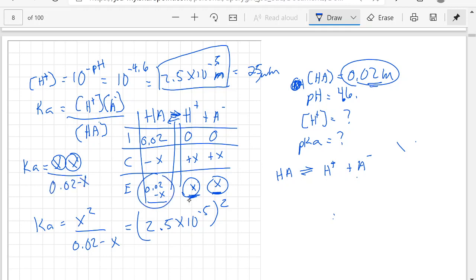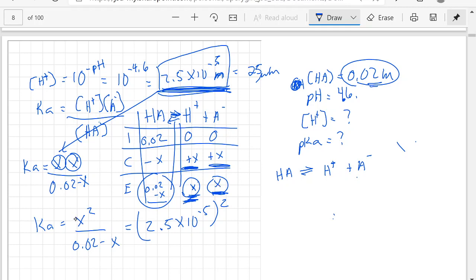So what is this H plus? We calculated this H plus as 2.5 times 10 to the minus fifth, so we can plug that in. But if X for H plus is 2.5 times 10 to the minus fifth, then the A minus is also X, so it must also be 2.5 times 10 to the minus fifth.